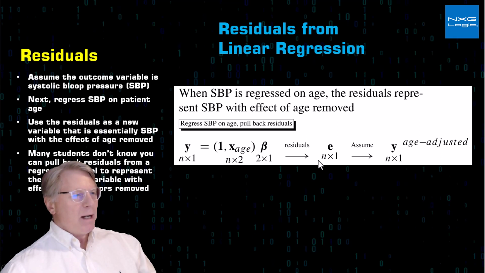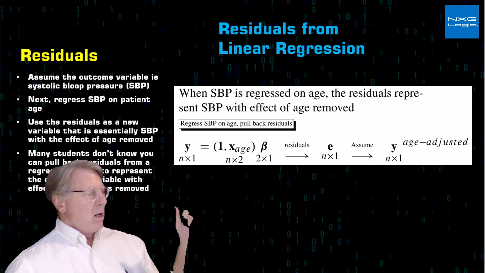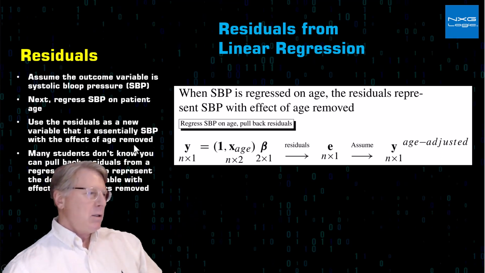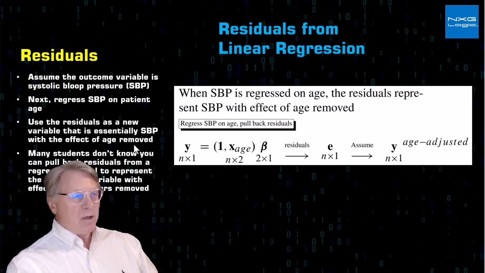Now if you pull back the residuals, you can use those in future analyses because residuals represent the systolic blood pressure with the effect of age removed. So regressing a dependent variable on predictor variables and then estimating the residuals entails that those residuals are adjusted by the effects of the predictors.